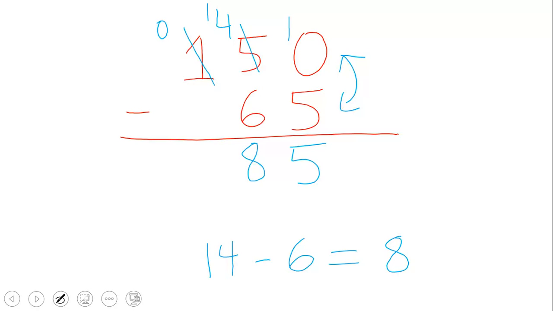Now we place a 0 right here as a placeholder. And we ask the question, what is 0 minus 0? Now 0 minus 0 is indeed 0, so we place 0 here. Okay, so that's the answer to this subtraction problem. The answer to the subtraction problem is 85.